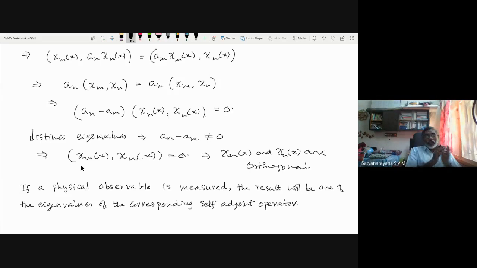Okay. If a physical observable is measured, the result will be one of the eigenvalues of the corresponding self-adjoint operator.